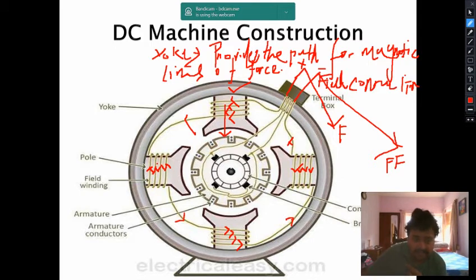Similarly, in this particular case, you orient your thumb in the direction of the current, so it will be pointing like this.